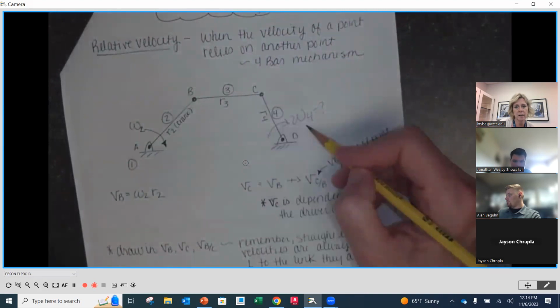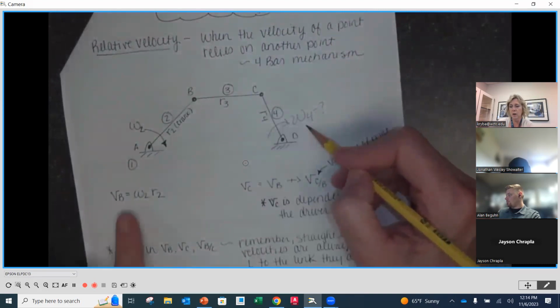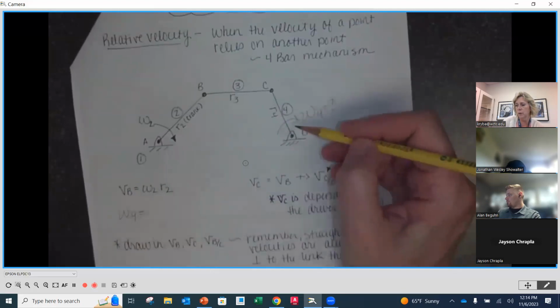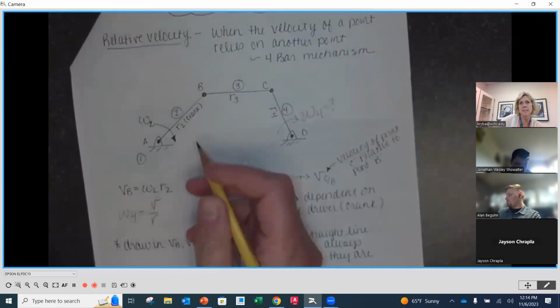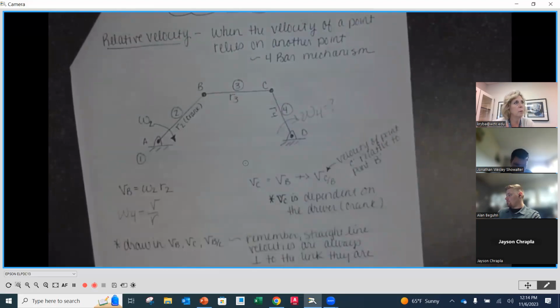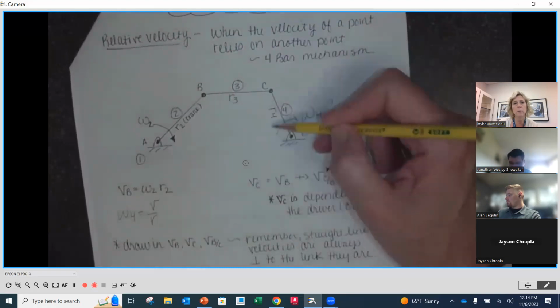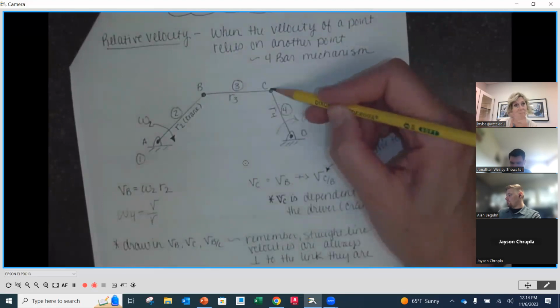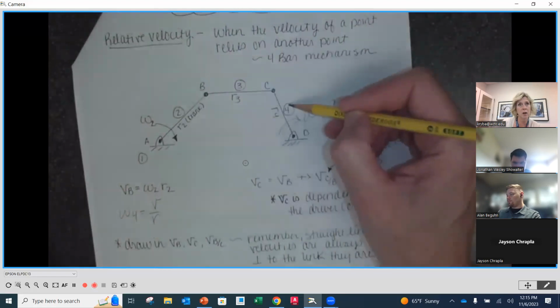To get at that, we then also need to know, because if we use this, we could say, all right, W4 is going to be equal to a velocity divided by a radius. Now, link number 4 is a rigid link that is only rotating about a fixed center. And a point along that link, at the end point over here, is point C. So what we want to find out is, what is the velocity of point C, because that's the point that's going to pull B along, okay?